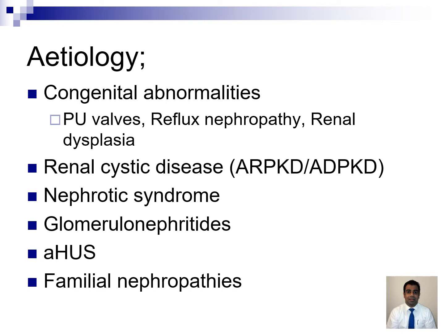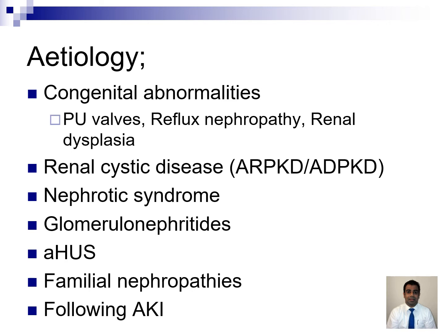So they also form a portion of the etiology. The glomerulonephritides, especially the complicated ones, can end up with chronic kidney disease. Atypical hemolytic uremic syndrome, or hemolytic uremic syndrome, even the typical form for that matter, can lead to acute renal failure.